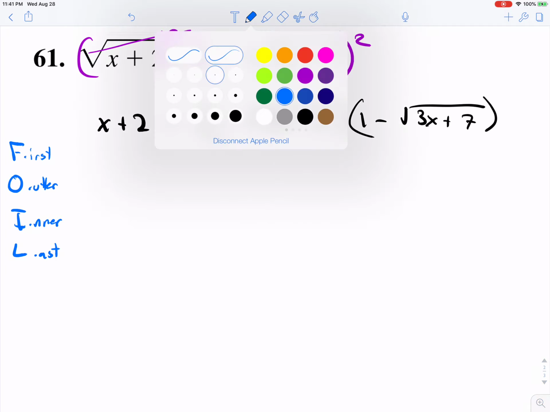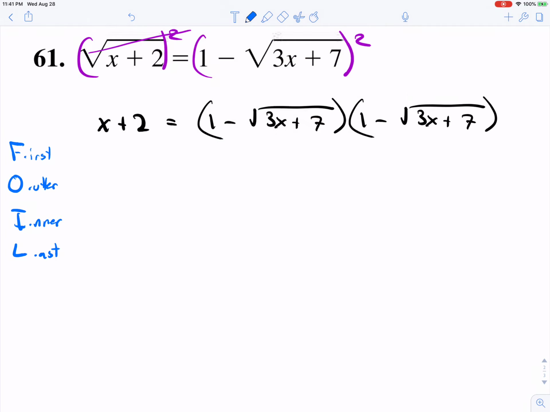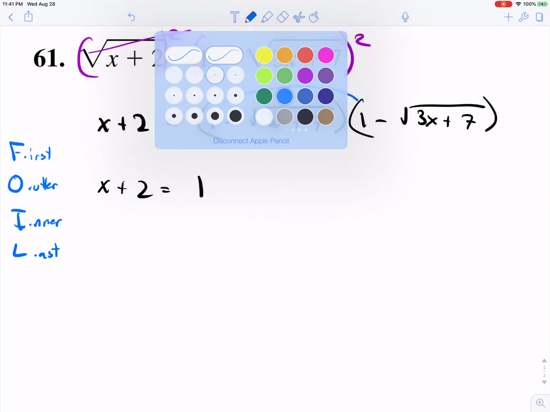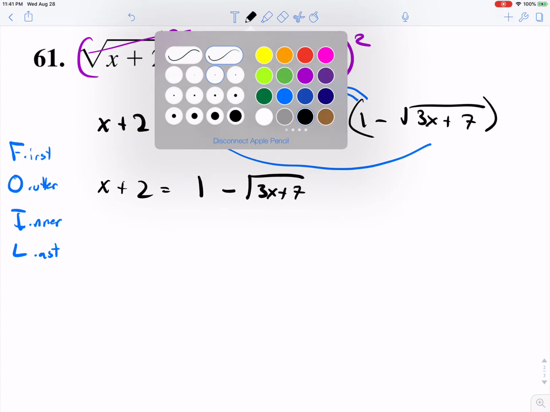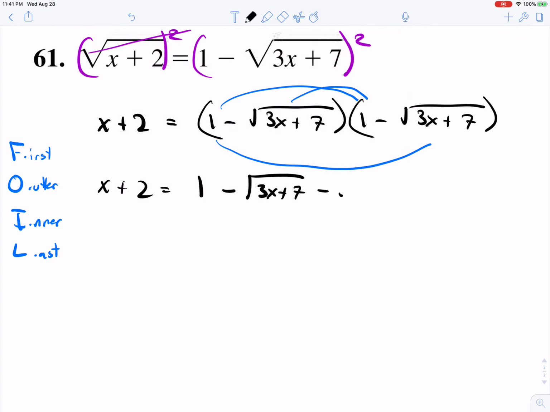Our first times first is going to be the 1 times the 1, and that'll give us 1. Outer is the 1 times this, so that'll just be minus square root of 3x plus 7. Inner times inner are these two in the middle, so that's going to be the same thing, negative square root of 3x plus 7.